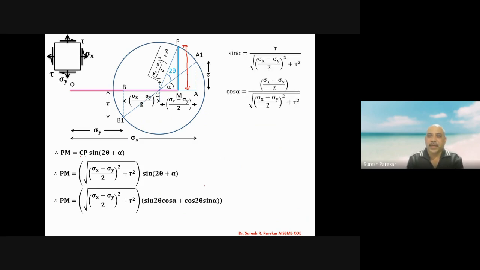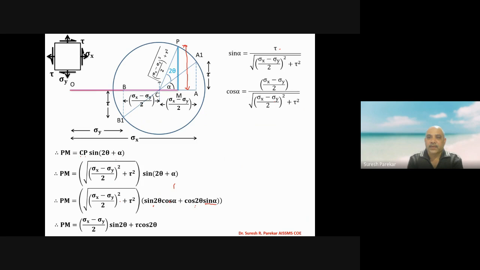If we put in the values of sine alpha and cos alpha, then for the sine 2 theta cos alpha term we substitute cos alpha and get (sigma x minus sigma y)/2 sine 2 theta. Then plus, for cos 2 theta sine alpha, if we put sine alpha we have tau, and tau into cos 2 theta, because the denominator gets cancelled.